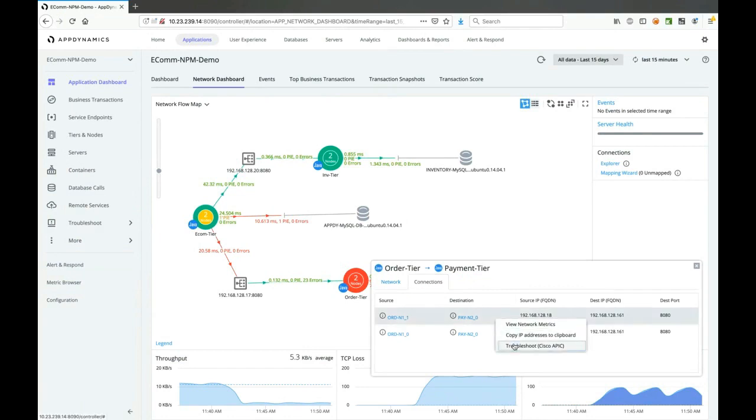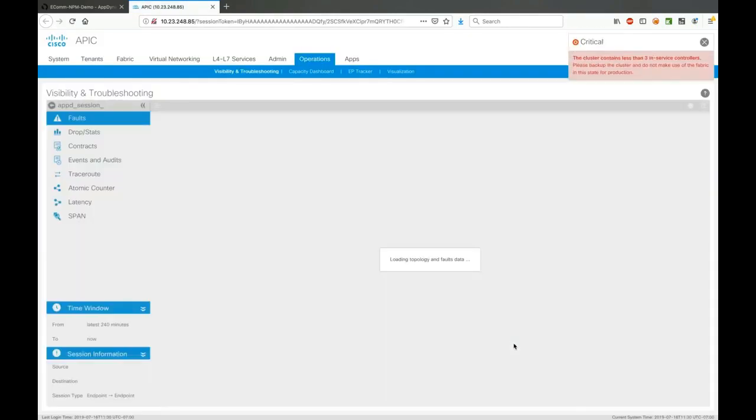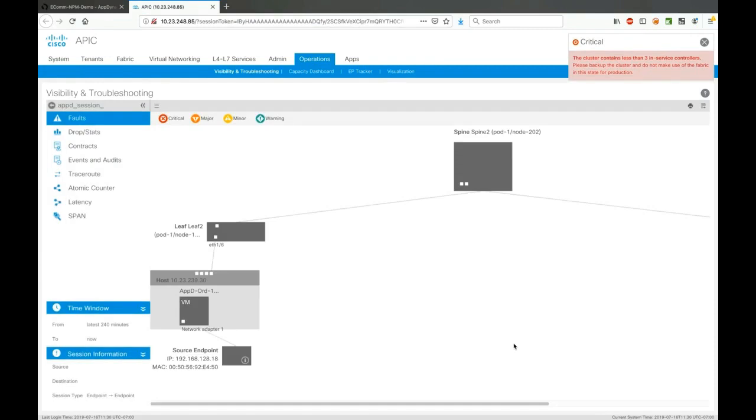So this is the part, Chandra, where an application team would hand it over to the network team and say, hey, I'm seeing something wrong between these two application services, which are running on your network. This is the right context for it. I've created a troubleshooting session for you. Please go ahead and take a look. Exactly.